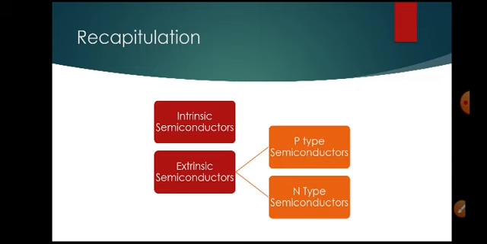When you add fifth group elements to the pure semiconductors, one electron remains in excess, so it is called an n-type semiconductor. Adding trivalent impurities makes a hole, so fewer electrons are available.